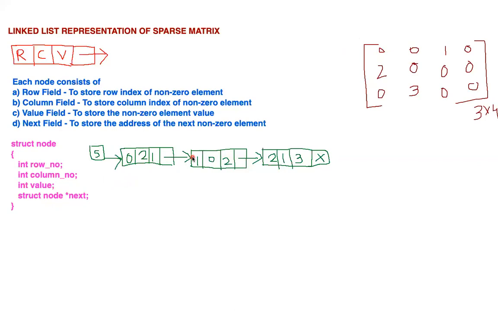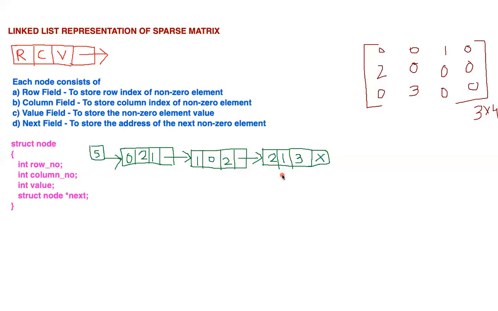Then the next pointer contains the address of the next non-zero element in the sparse matrix, which is 2, and which is present in the first row, 0th column, so 1, 0, 2. Similarly, it contains a pointer to the next non-zero element, which is stored in the second row, first column. So this is how we can represent the sparse matrix using a linked list representation.